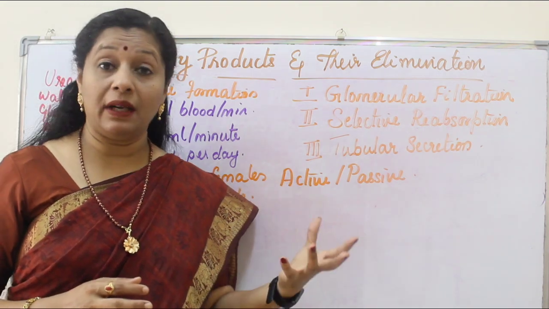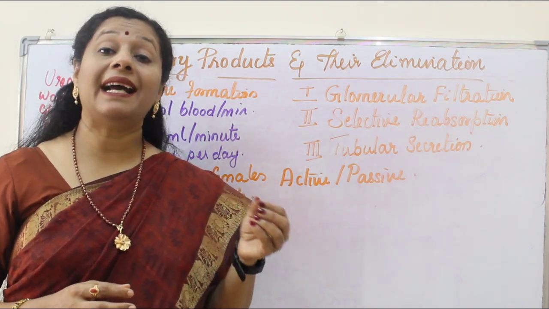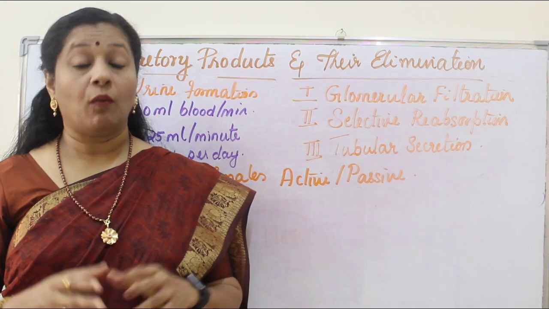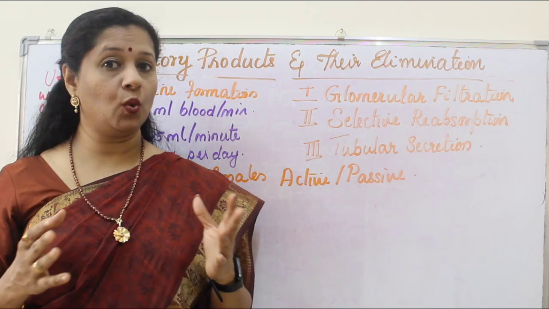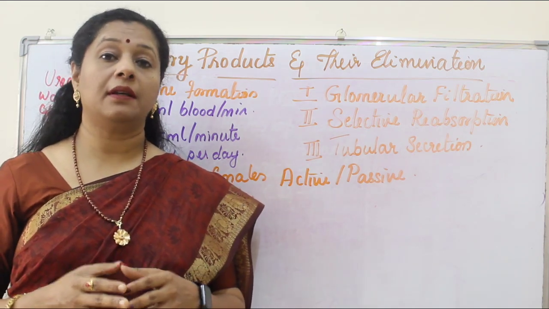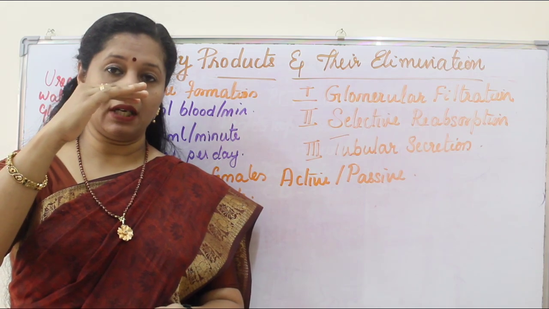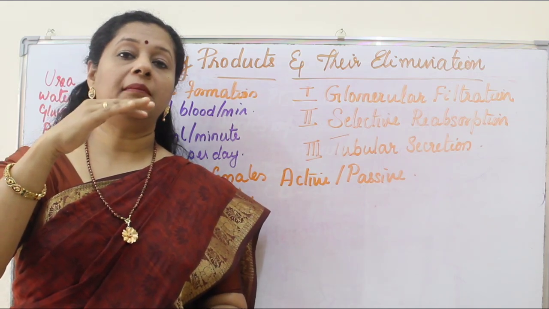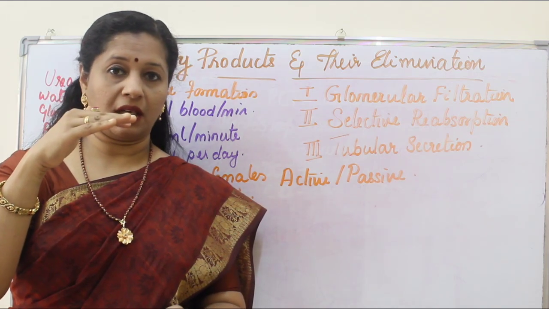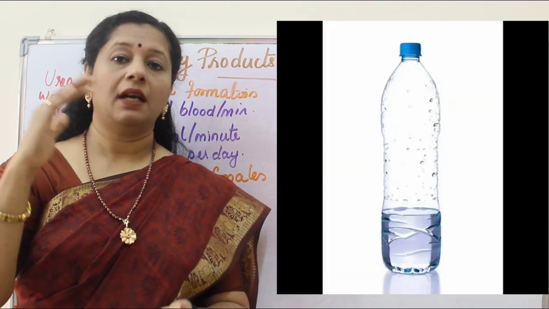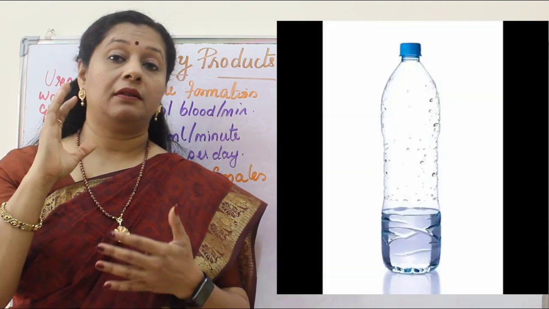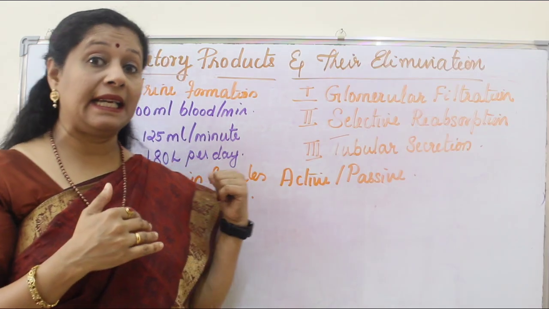But if you calculate that, we will get 180 liters per day. 180 liters is a huge number, because usually we buy drinking water bottles that can be 1.5 liters, right? So the amount produced is 180 liters per day.